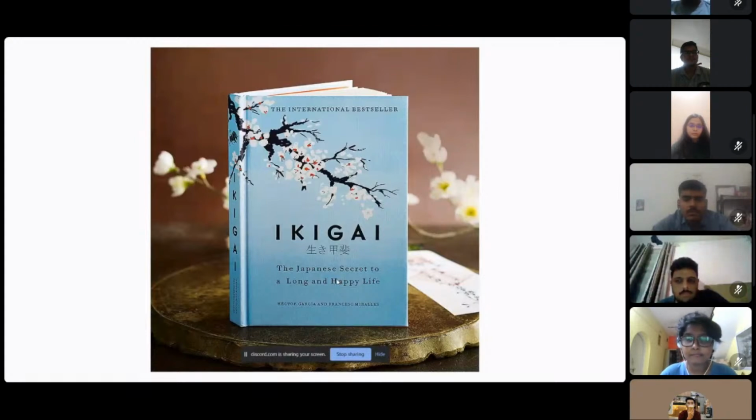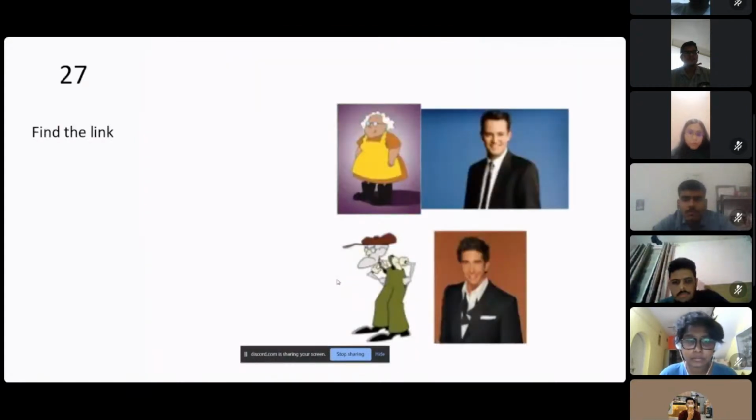Direct to P6, the next question. I think P7 is also getting 0, no? Yes, 0 for P7, and this is the question. You have to find the link in these images. So you have to connect and give us the answer.